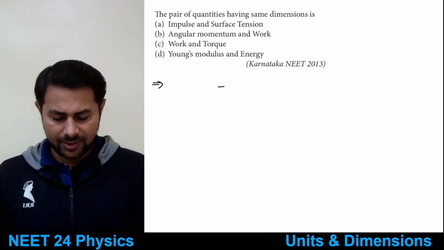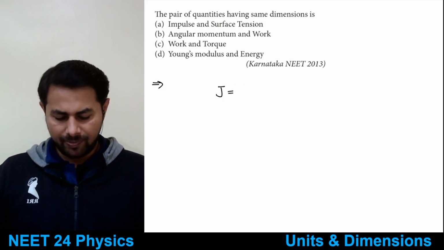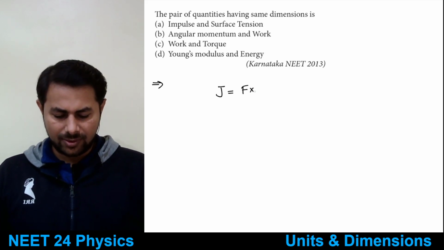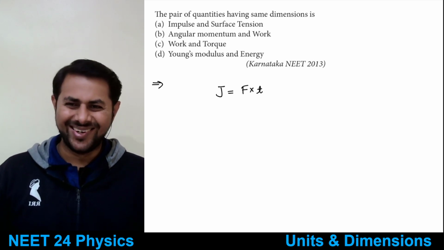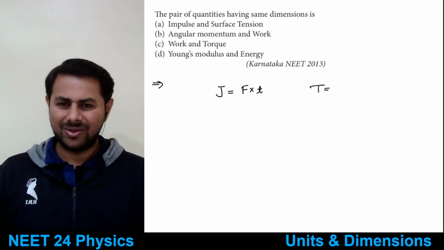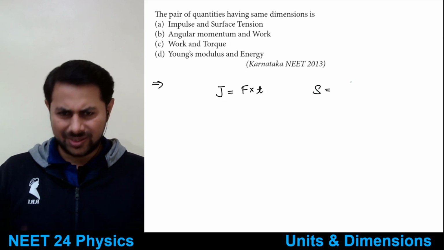Impulse is force multiplied by time. Okay, impulse is force times time. Anyways, surface tension is force per unit length. Let's write S for surface tension. Okay, it is option C.